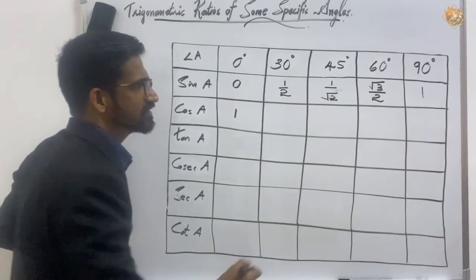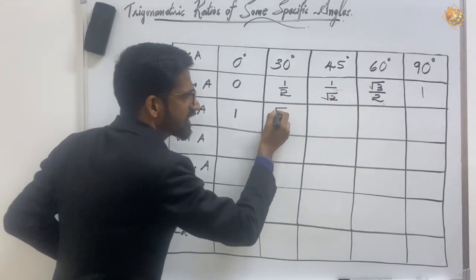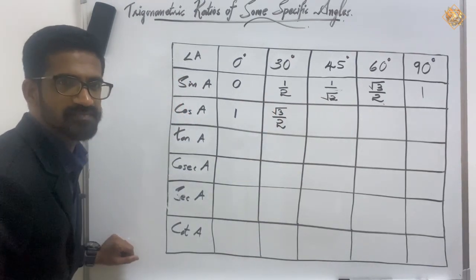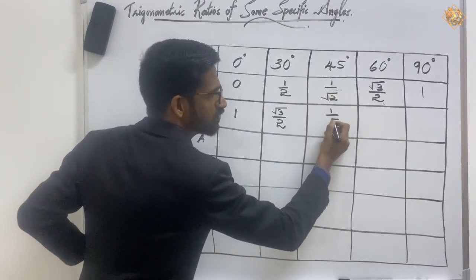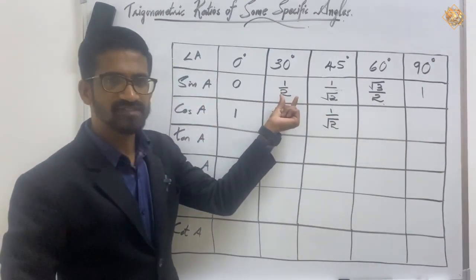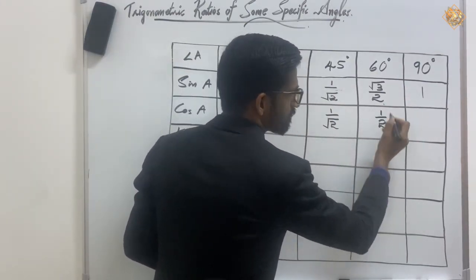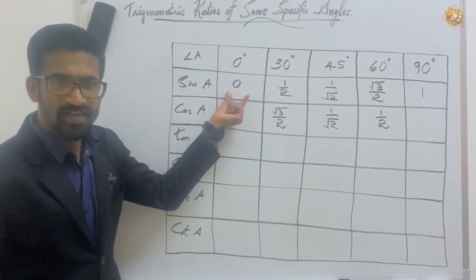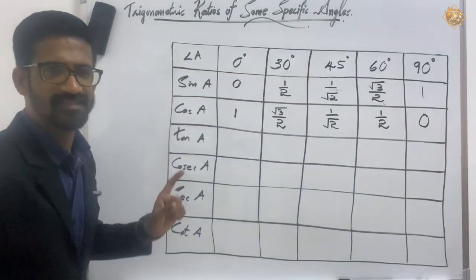The second last value of sine, that is root 3 by 2, will be the second value of cos. Then 1 by root 2 will be the third value. The second value of sine will be the second last value of cos. The first value of sine will be the last value of cos. Hope it is clear. Easy, isn't it?